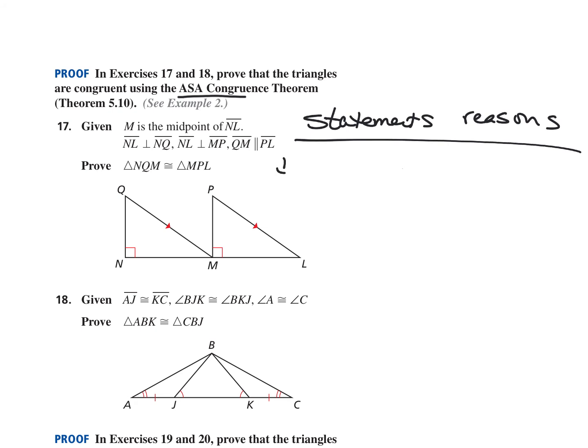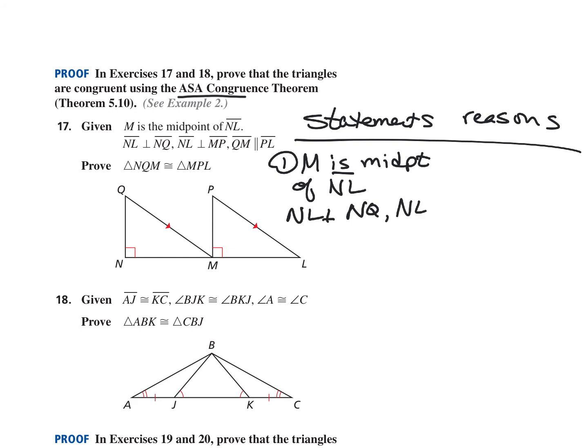So for the first one, I'm going to state my given. Don't forget about that. It's worth points. So M is the midpoint of NL. And then we're also told that NL is perpendicular to NQ, and that NL is also perpendicular to MP, and that QM is parallel to PL.